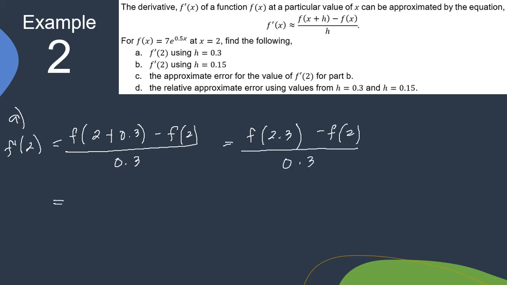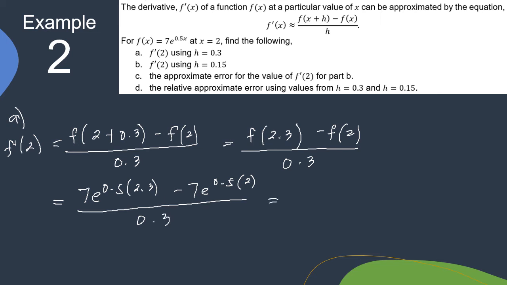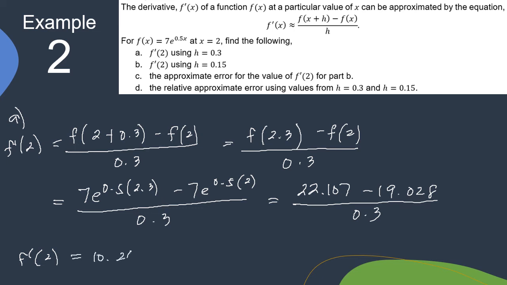And then substituting the function, we now have 7 e raised to 0.5 times x of 2.3 minus 7 e raised to 0.5 times x of 2, then divided by 0.3. Simplifying this, we have 22.107 minus 19.028 divided by 0.3. Therefore, f prime of 2 at an h of 0.3 is equal to 10.263.